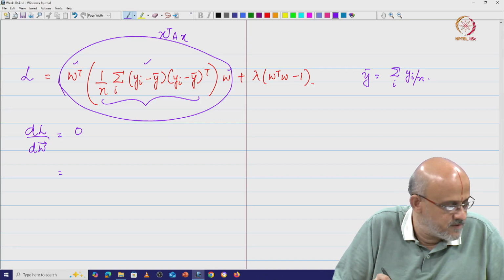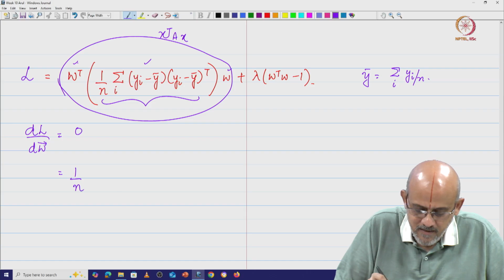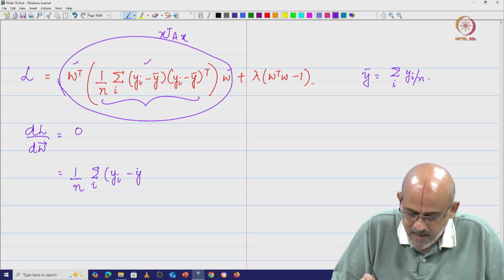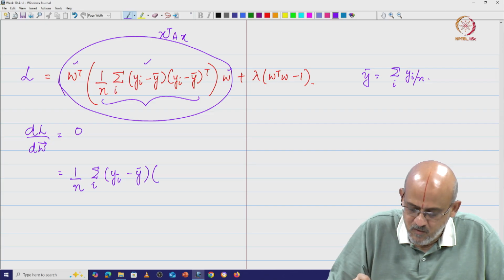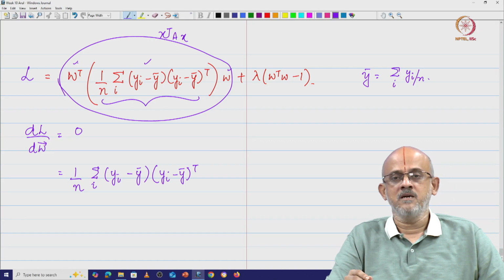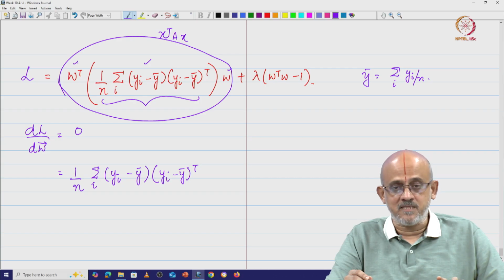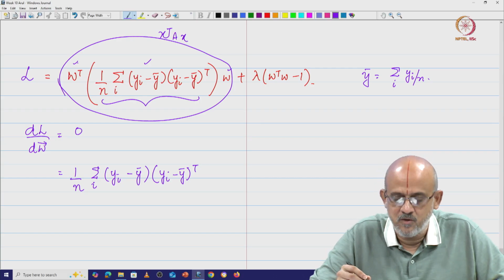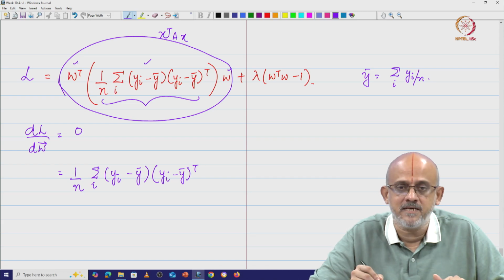This is going to be 1 by n sigma over I of y I minus y bar into y I minus y bar the whole transpose. For x transpose A x, we know that the derivative is A plus A transpose into x. And this is going to be a symmetric matrix.